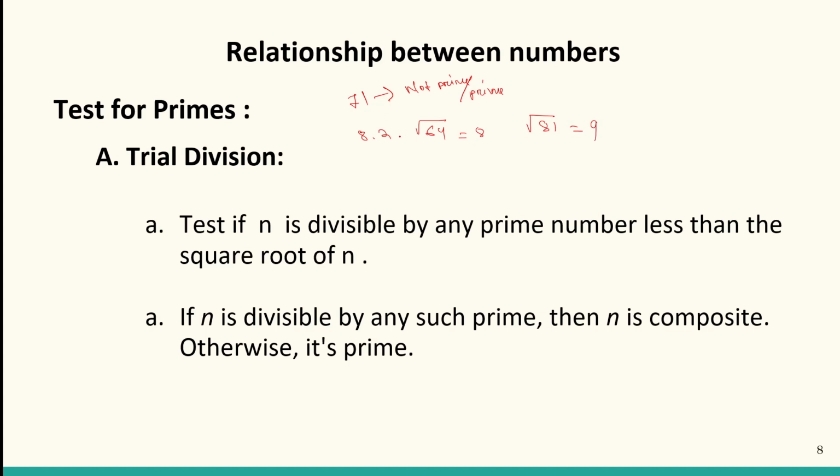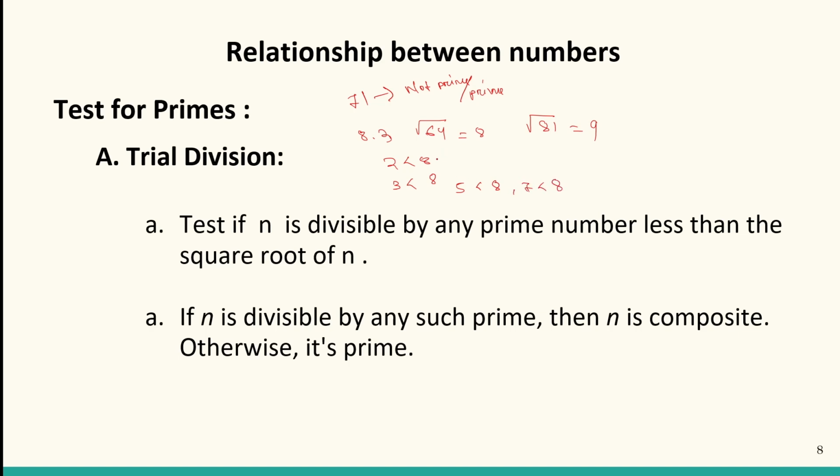So this is in between them, around 8.2 or 8.3. So what we do is test by all the prime numbers that are less than 8. 1 is not a prime number, 2 is less than 8, 3 is less than 8, 5 is less than 8, and 7 is less than 8.